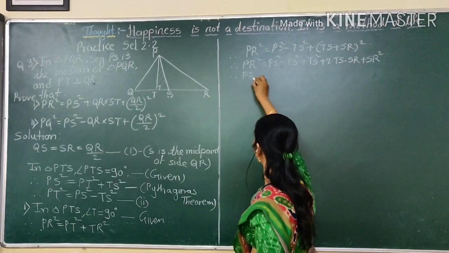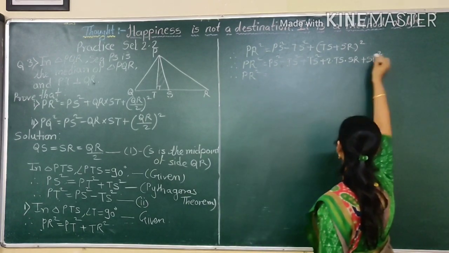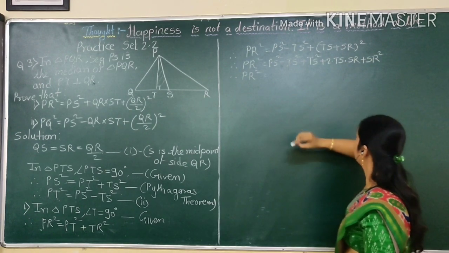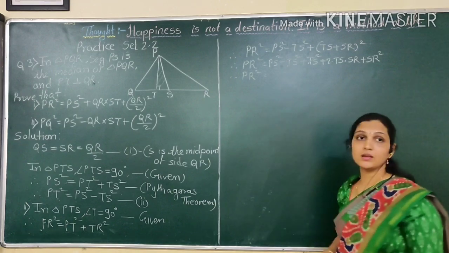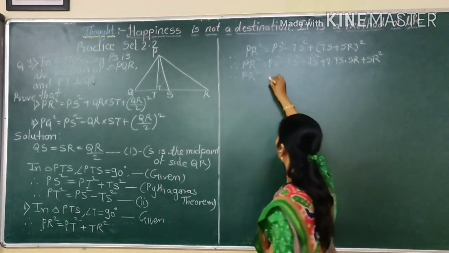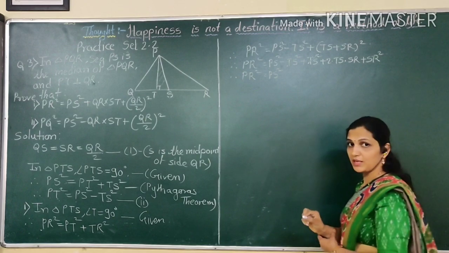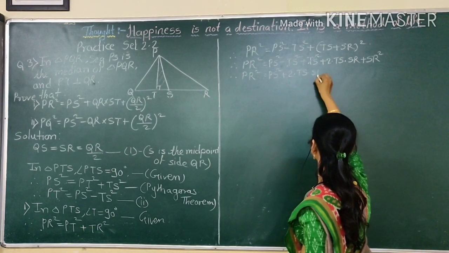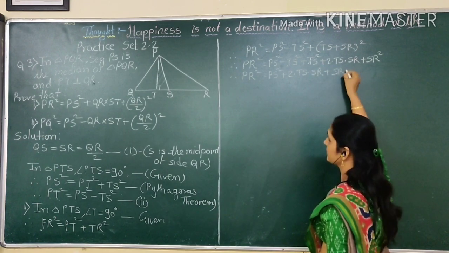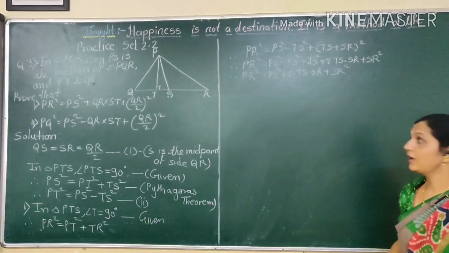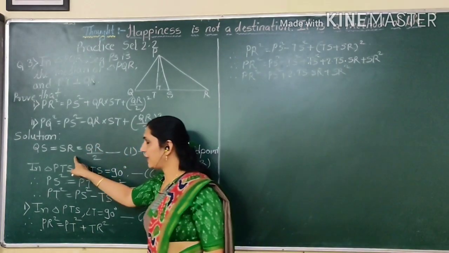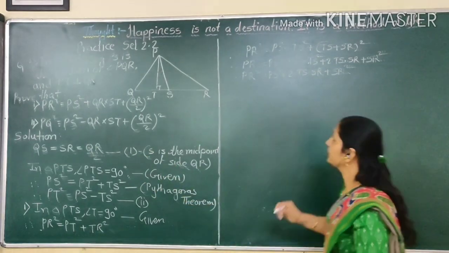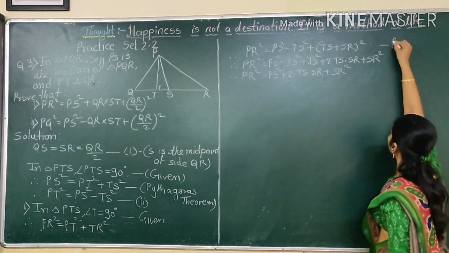PR square, see, plus TS square and minus TS square, both cancel. Remaining part PS square plus 2 into TS into SR plus SR square. Now see, 1, SR is equal to QR by 2. So we can substitute that here.